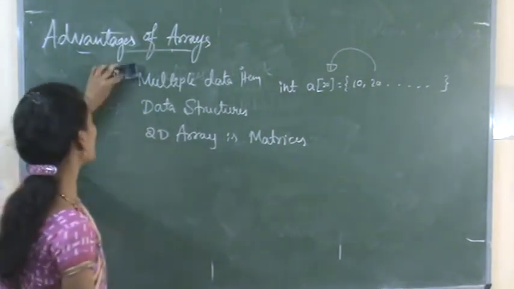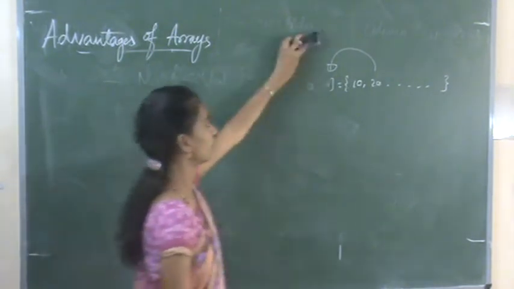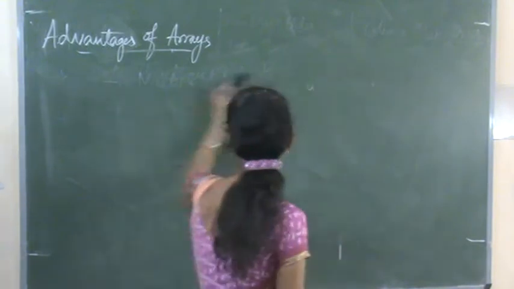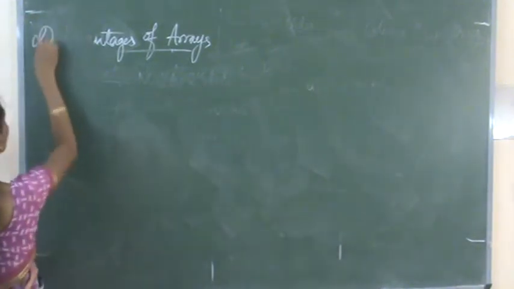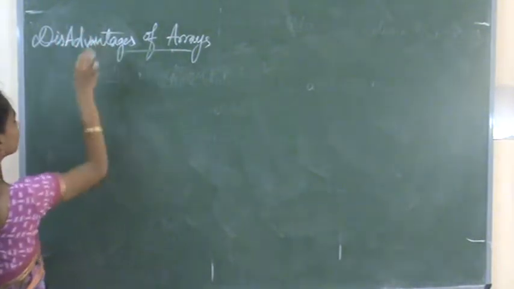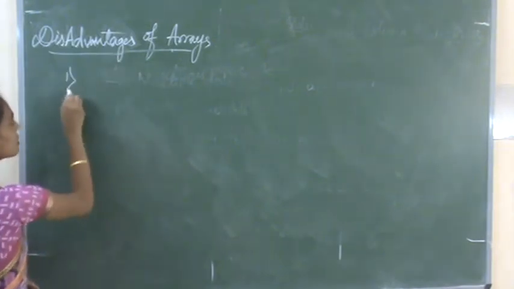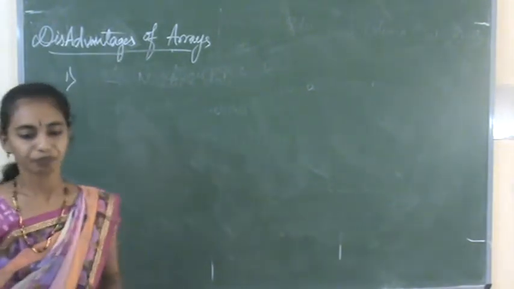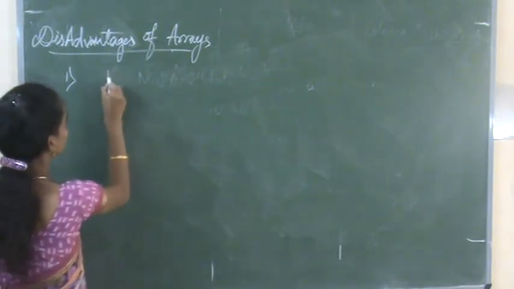So these are the advantages of an array. If it has an advantage, there must be a disadvantage too. So next we will study the disadvantages of an array. The first disadvantage is that the size of an array should be known in advance.